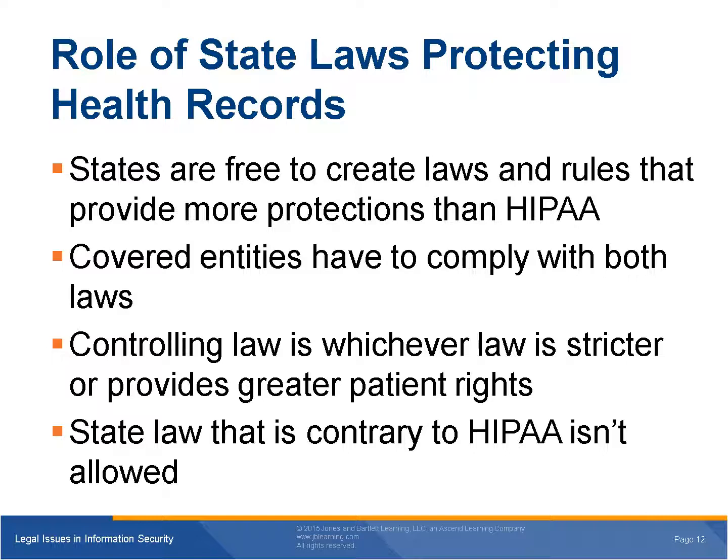Generally speaking, the controlling law is whatever law is stricter or provides greater patient rights. Any state law that is contrary to HIPAA isn't allowed. State law is contrary if it's impossible for the covered entity to comply with both the state law and HIPAA. In these situations, the state laws are preempted by HIPAA.